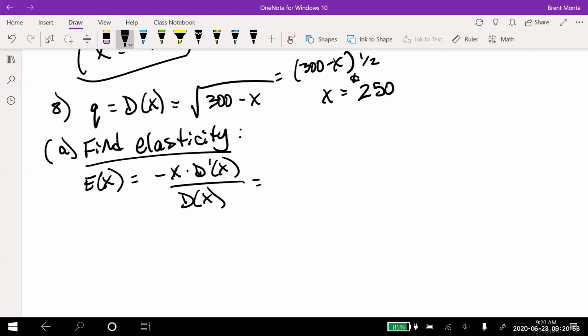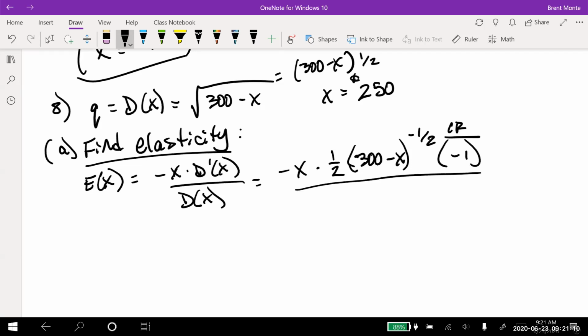And so when I take the derivative of that, I've got my negative x times 1/2 (300 minus x) to the negative 1/2, but then times negative 1, that's the chain rule, the derivative of the inside function. It's really important to remember that negative 1, otherwise it's not going to cancel the negative in the front. And then the bottom, I'm going to leave it as (300 minus x) to the 1/2, and I will show you why for simplification reasons.